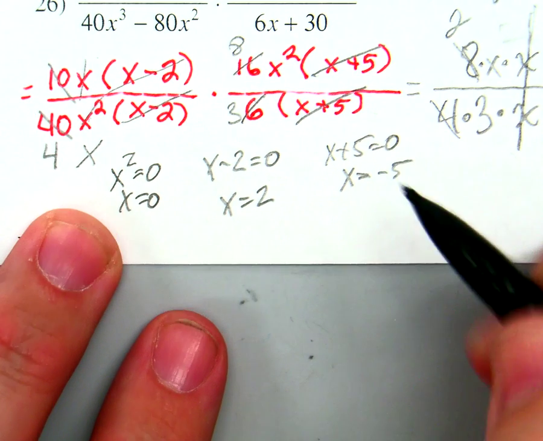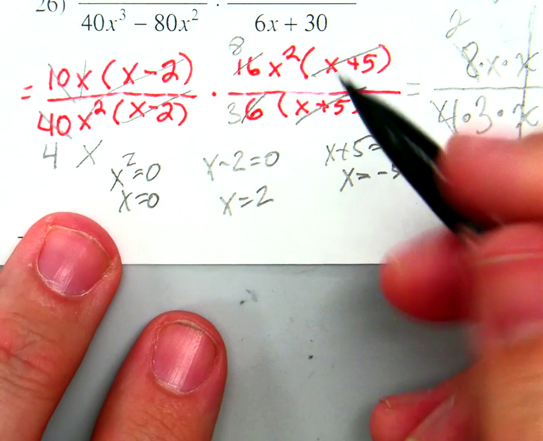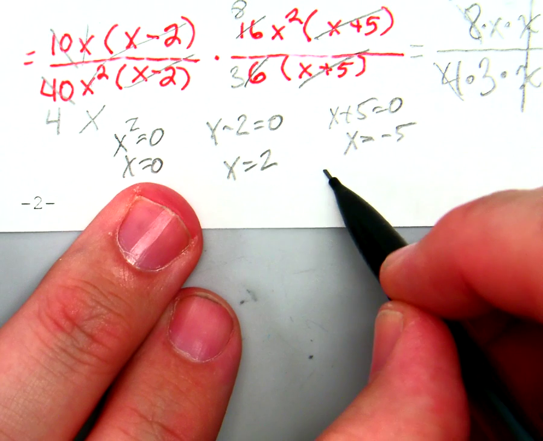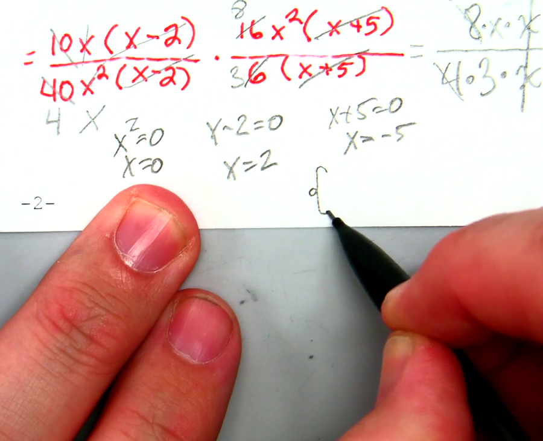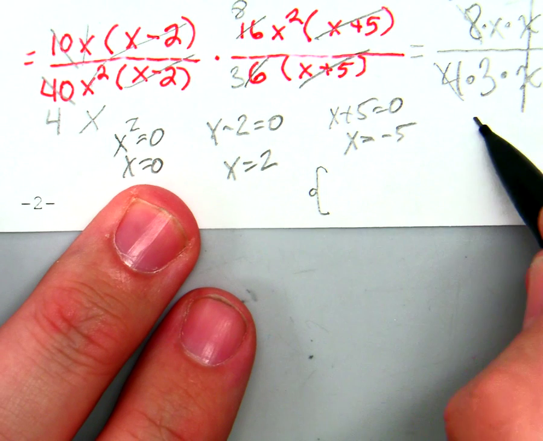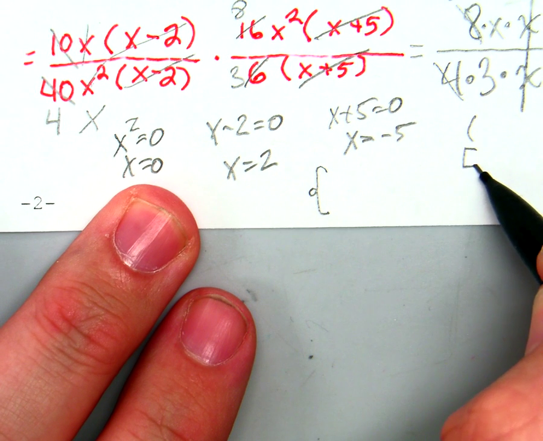Now, the answers go into a set. The set notation is, this is called a brace. Just like we have parentheses and brackets: those are parentheses, these are brackets, these are braces.